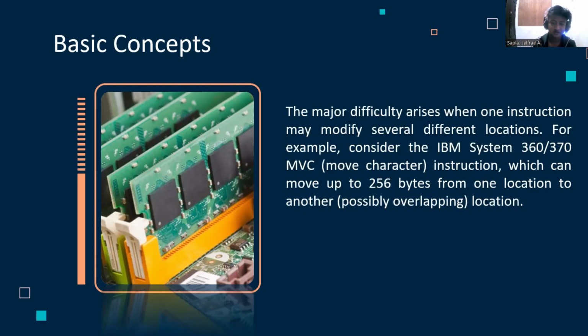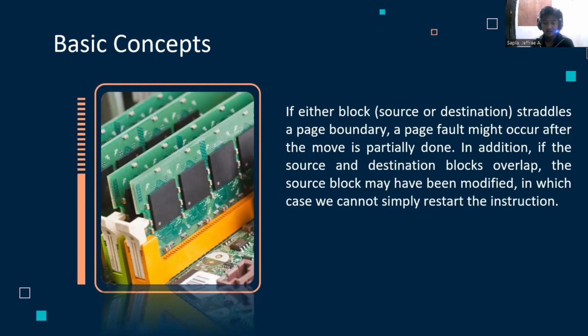So the major difficulty arises when instructions may modify several different locations. For example, consider the IBM System 360/370 MVC or move character instruction, which can move up to 256 bytes from one location to another, possibly overlapping locations.